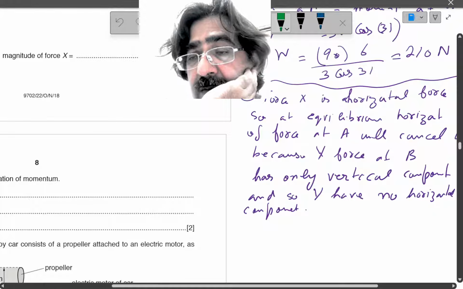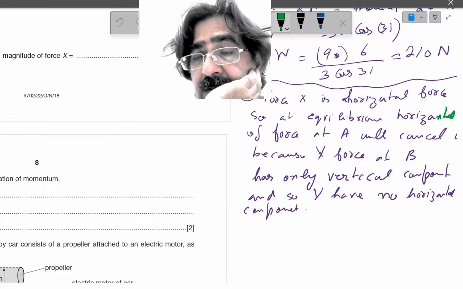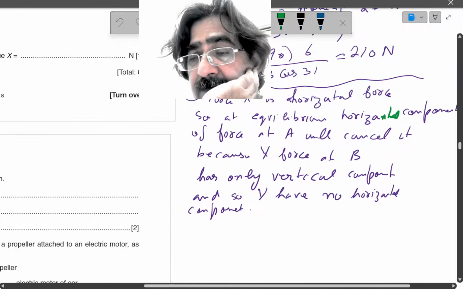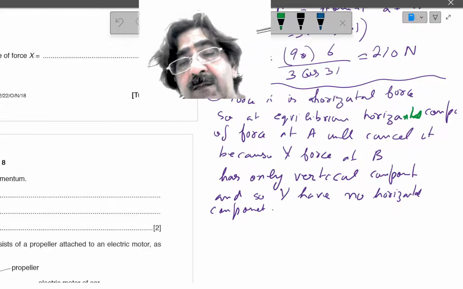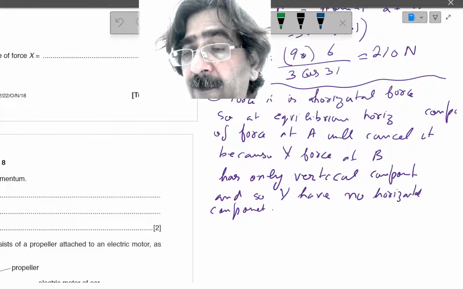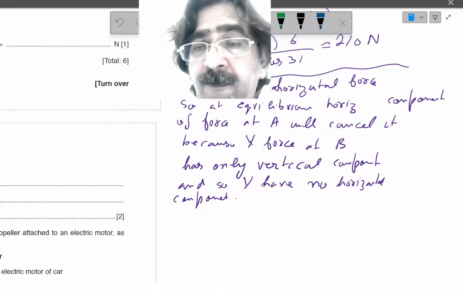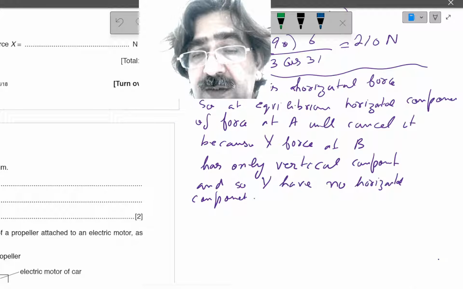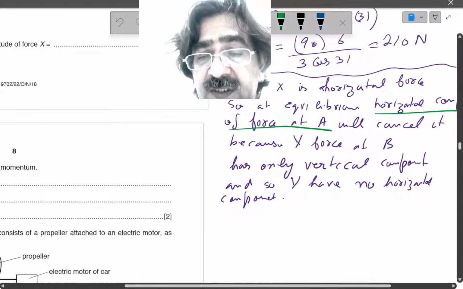Since at equilibrium the force at A will be cancelled, because the y force at B has only a vertical component, we have to find the horizontal.